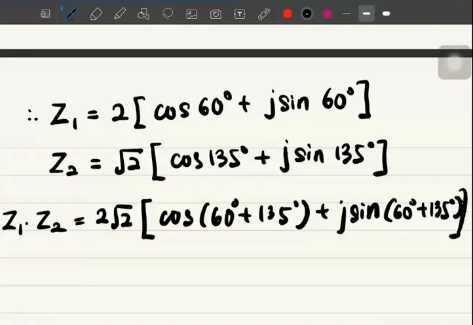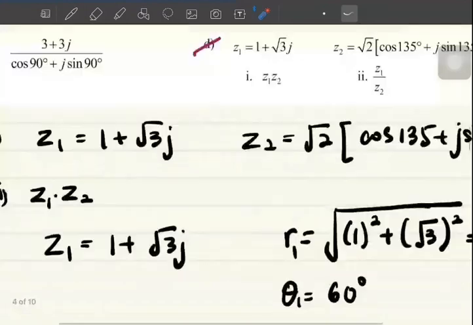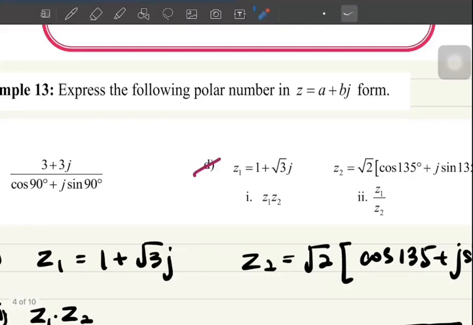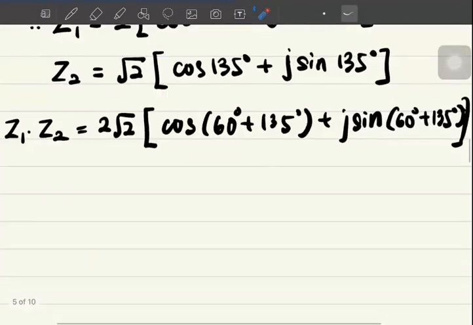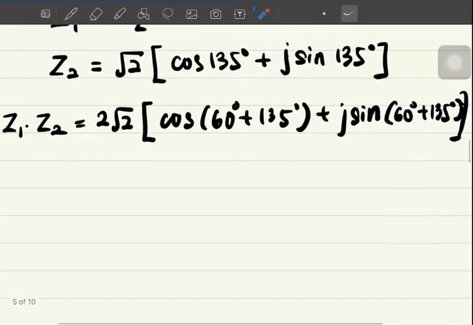Okay, so if the question wants polar form, meaning it asks you to leave the answer in polar form, you just need to simplify this part. But for this problem, you were asked to express the answer in general form.